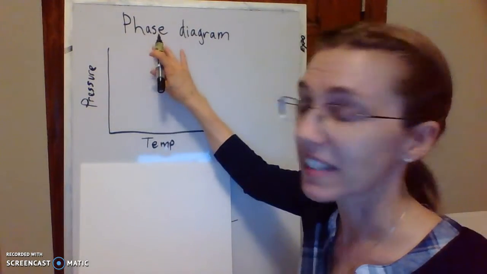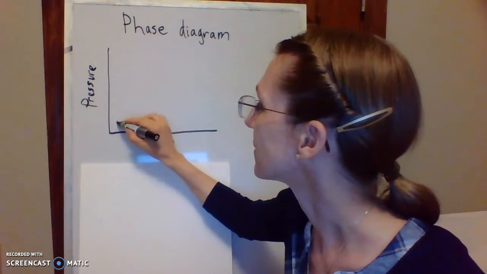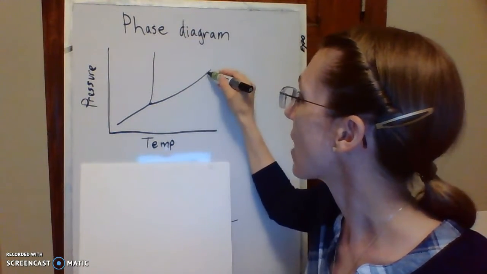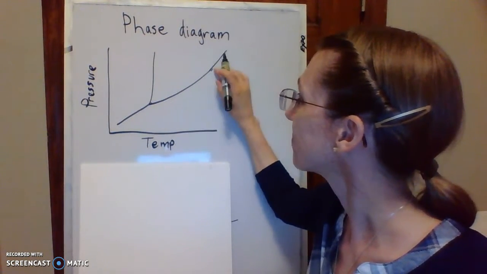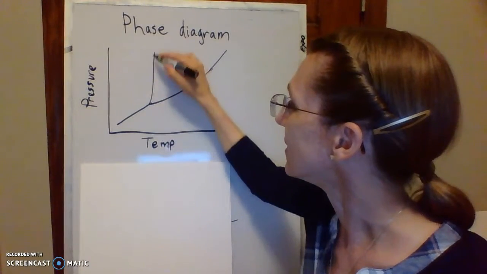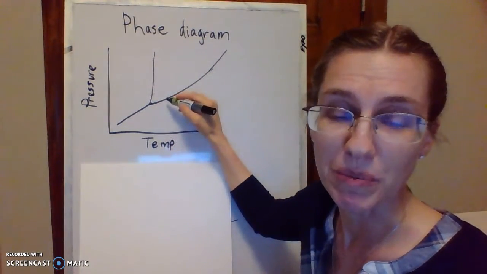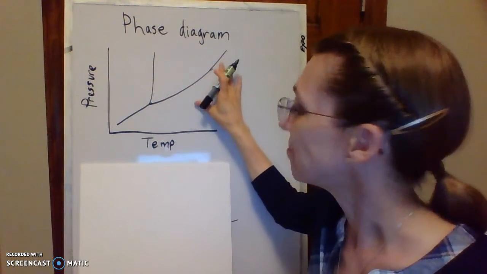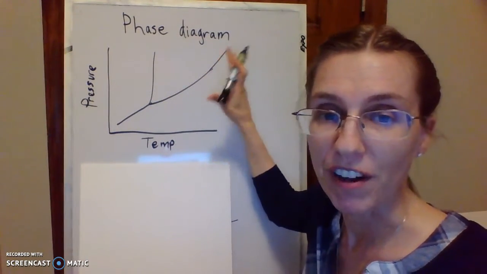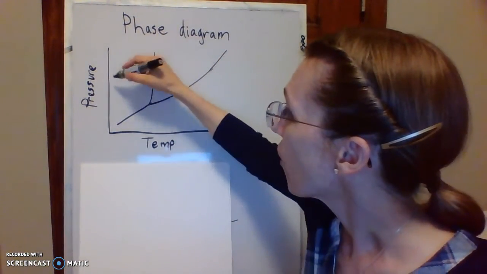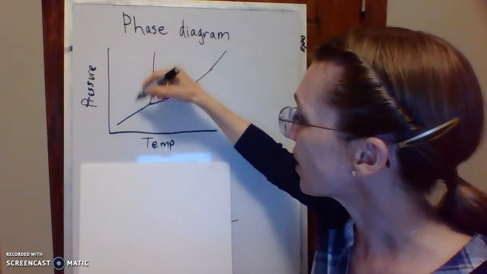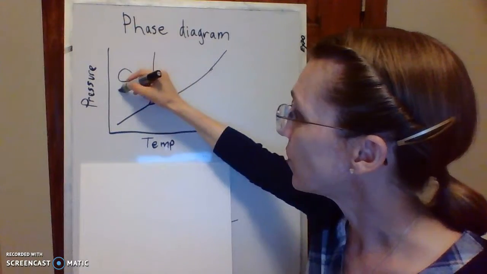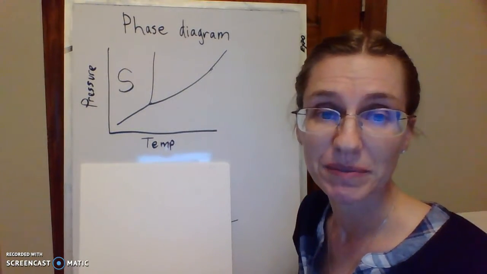Now, all phase diagrams have a similar shape. It doesn't matter what the compound happens to be, it's going to be this Y shape. And you can see on the slides, it's a little cleaner on the slides as to what the shape of this guy is, but I'm going to expect you to be able to redraw this, so this is my drawing of it. Over here, any combination of pressure and temperature that puts you in this area here is going to be in solid phase.